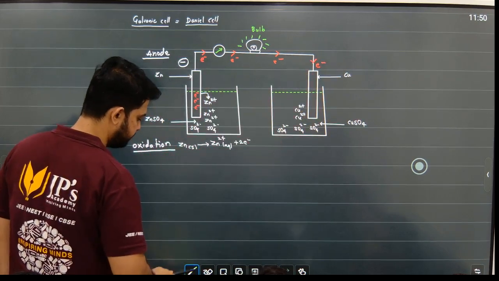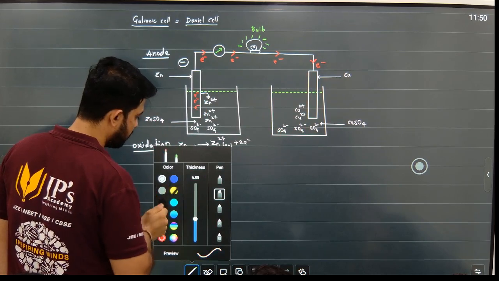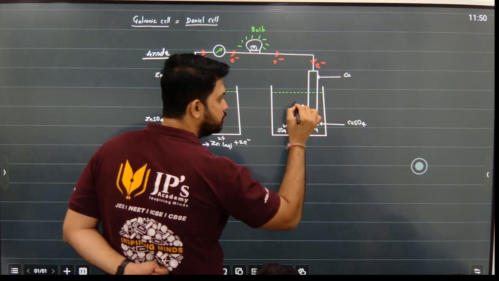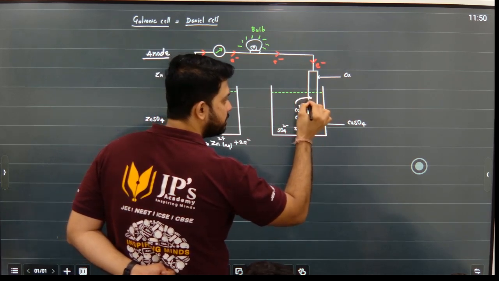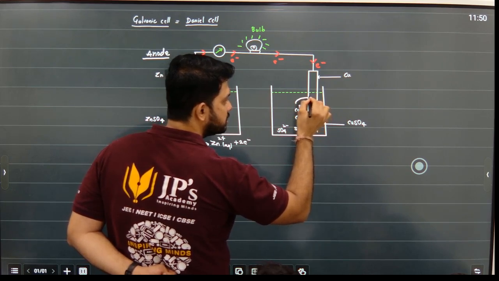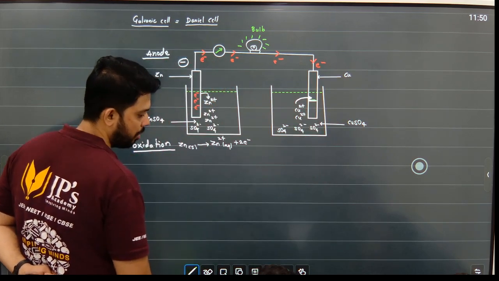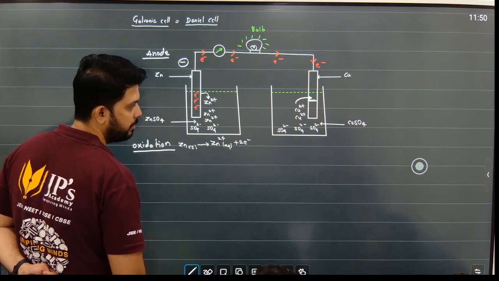They are now on the copper rod, where the copper ions present in the solution accept the electrons and copper is deposited on the copper electrode. Did you people get that?